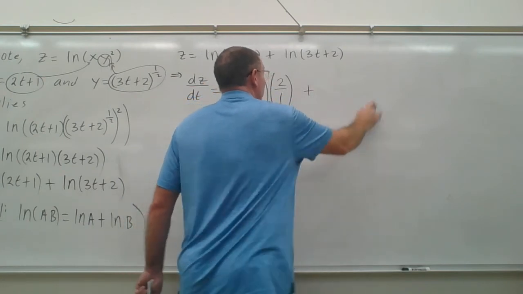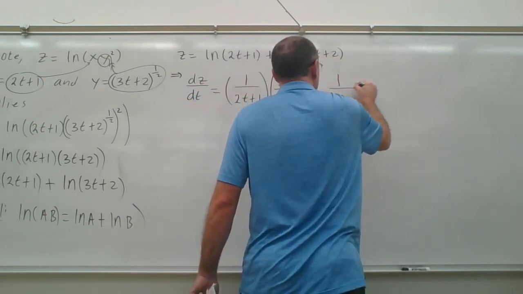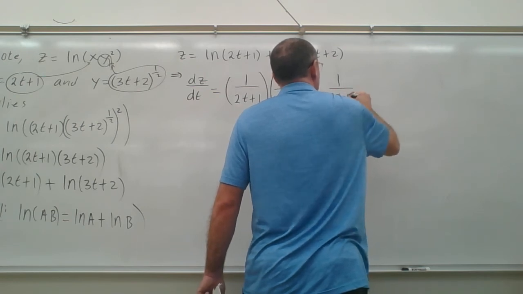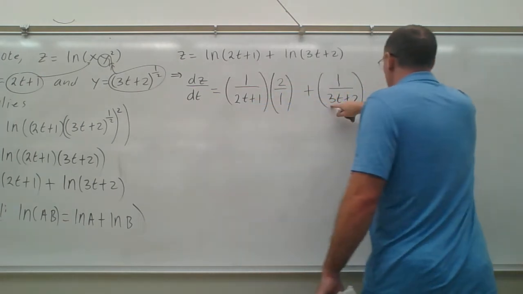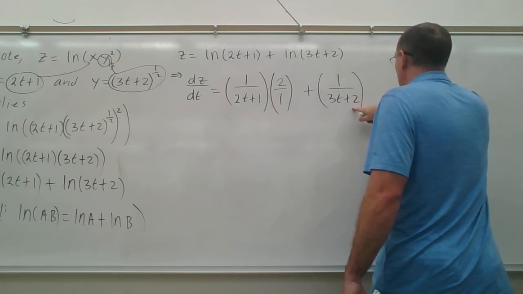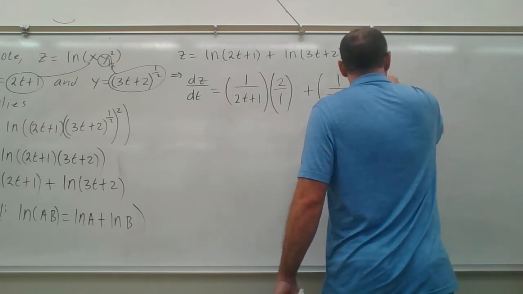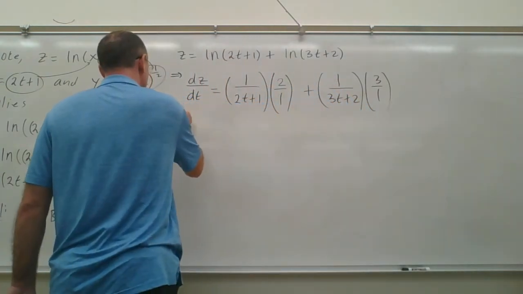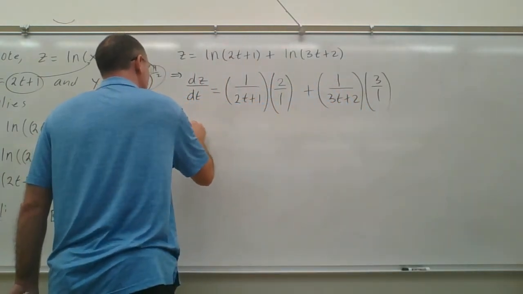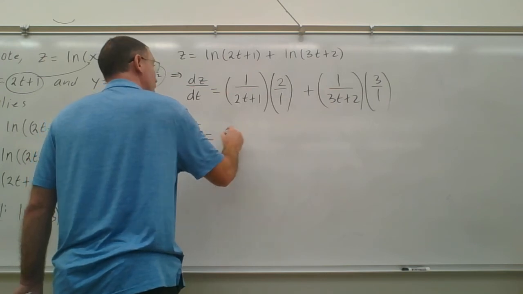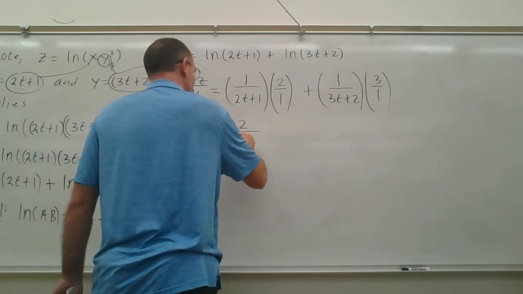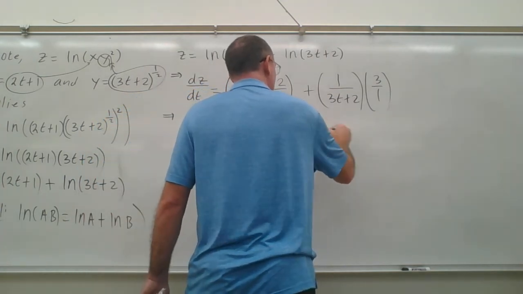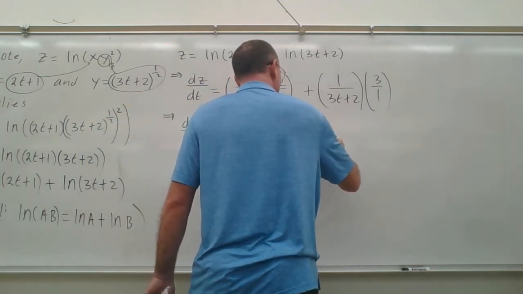Plus, moving on to the next one, 1 over 3t plus 2 times derivative of 3t plus 2 with respect to t, which would be 3. Okay, so we get then dz dt equals 2 over 2t plus 1 plus 3 over 3t plus 2.